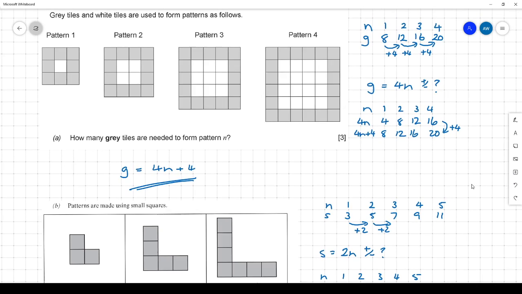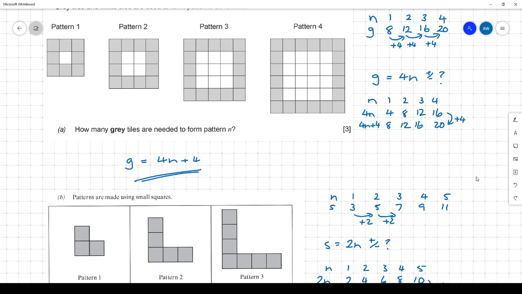Okay, so a quick recap then. Basically, if you're presented with diagrams like we have here in these two GCSE questions, you need to turn these diagrams into a basic linear sequence, and then you find the nth term like you always do for any linear sequence, and that will be the answer to any question where they want you to find pattern n.